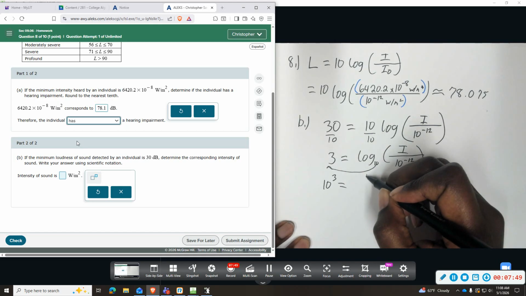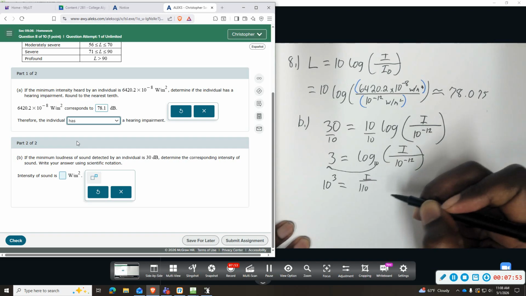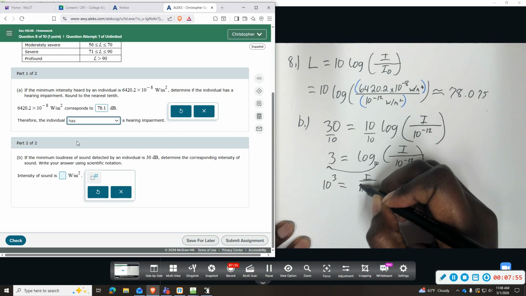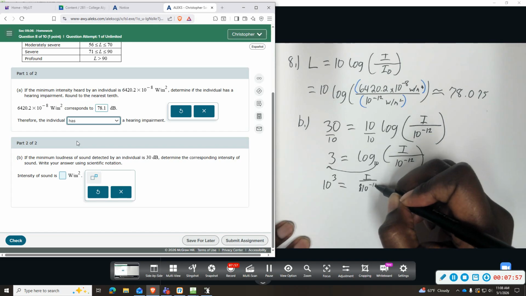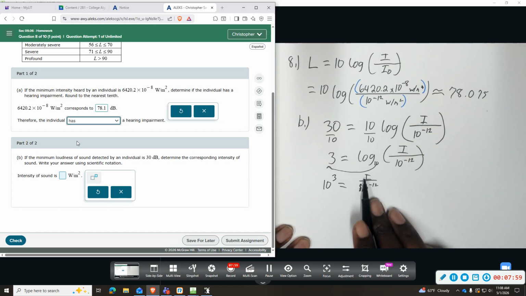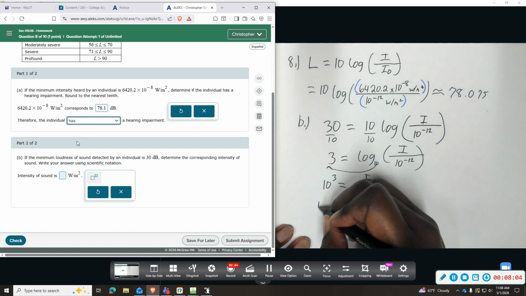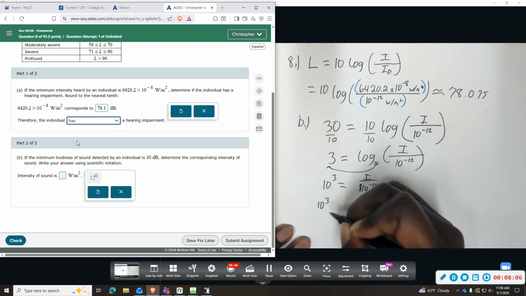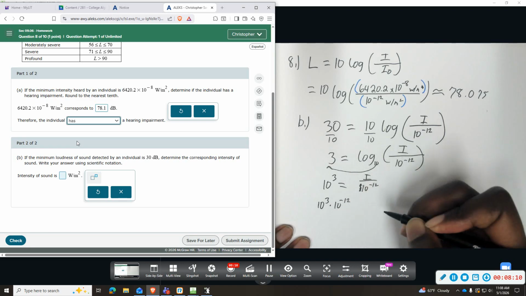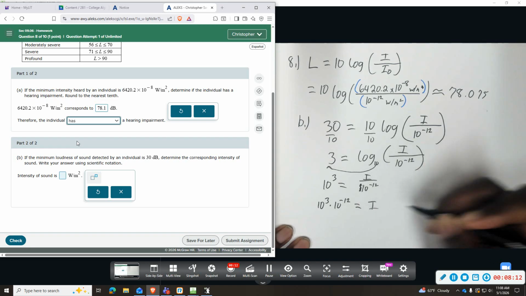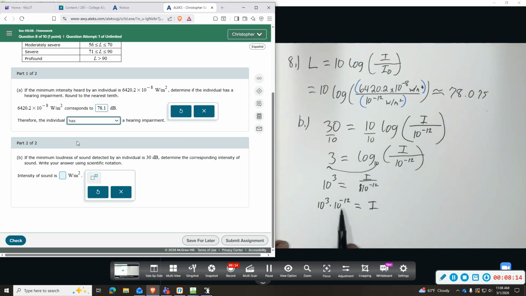equals I divided by 10 to the negative 12th. To solve for I, I can multiply by the denominator. So I have 10 to the 3rd times 10 to the negative 12th equals I. And since the bases are the same, the property of exponents says you add the exponents, well they're different signs, so I'll still end up subtracting.